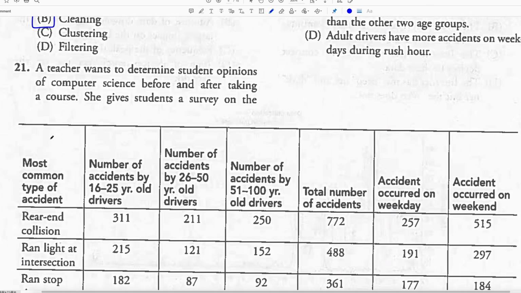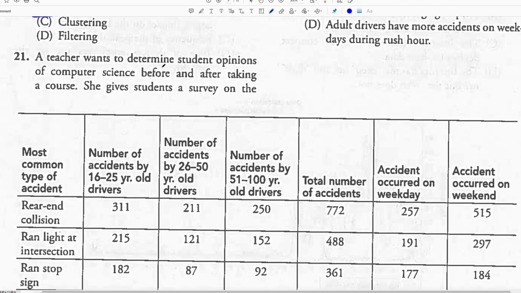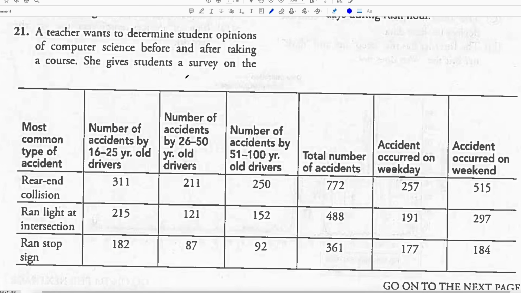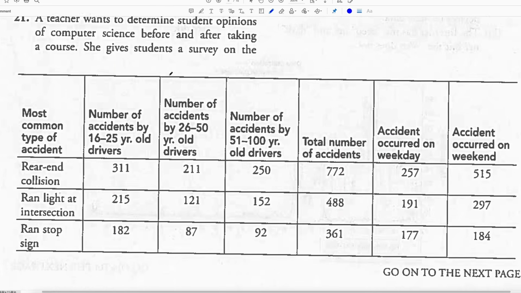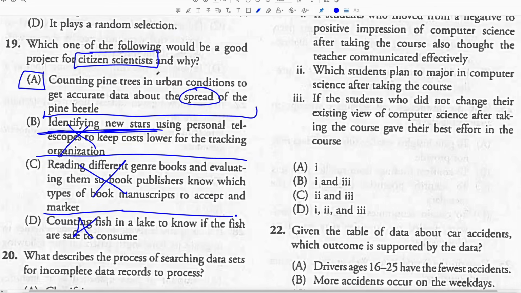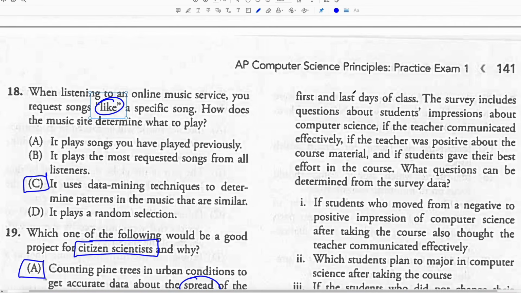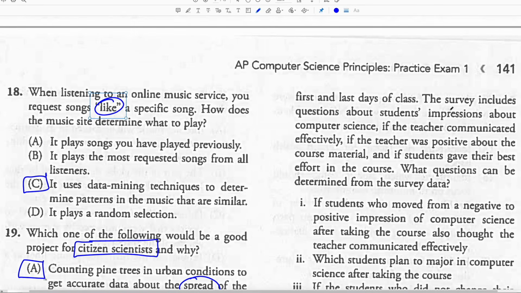Okay, 21 says a teacher wants to determine student opinions of computer science before and after taking a course. She gives students a survey on the first and last days of class. The survey includes questions about students' impressions about computer science, if the teacher communicated effectively, if the teacher was positive about the course material, and if students gave their best effort in the course.